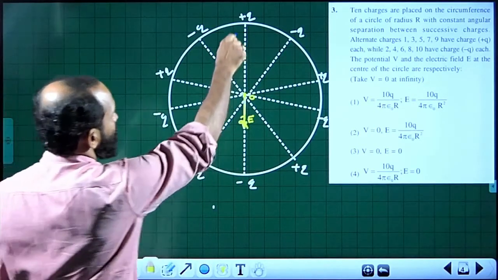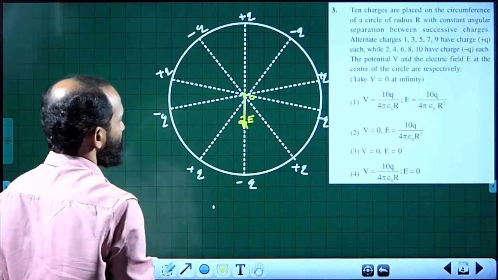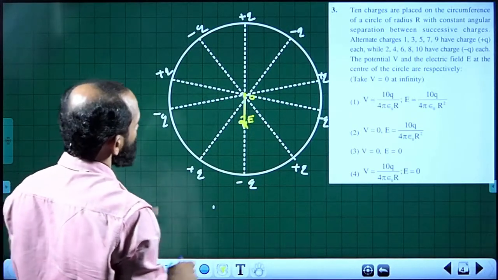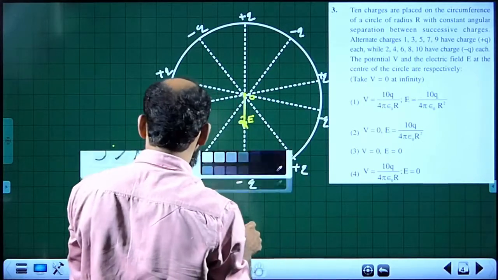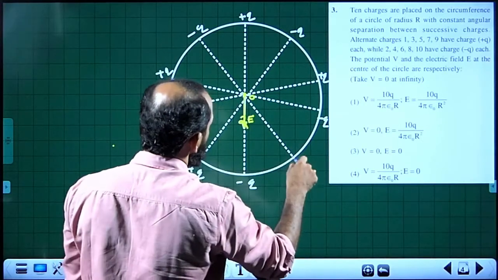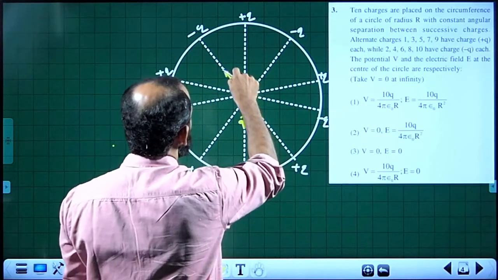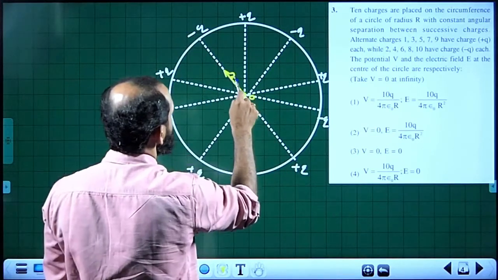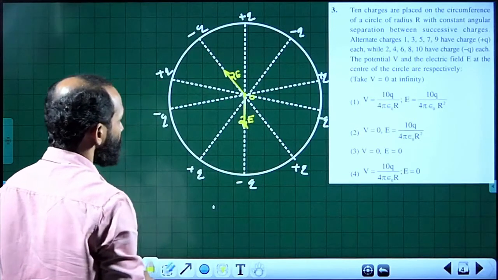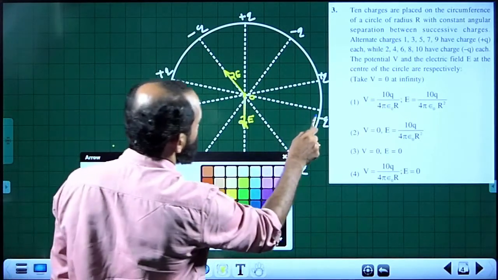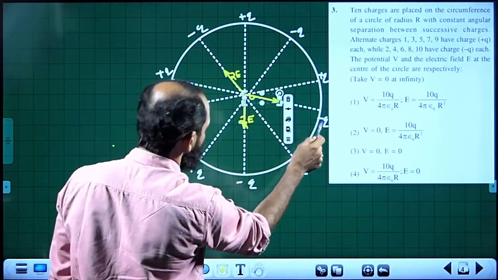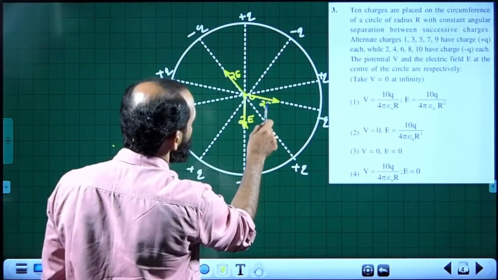Now here the field is 2E. Now what about the other charges? Here plus q has a field E in the upward direction like this. That minus q also has E, and that also results in a field 2E. What about the other charges? Here this plus q has a field towards the right, and that minus q also identically, that is 2E.